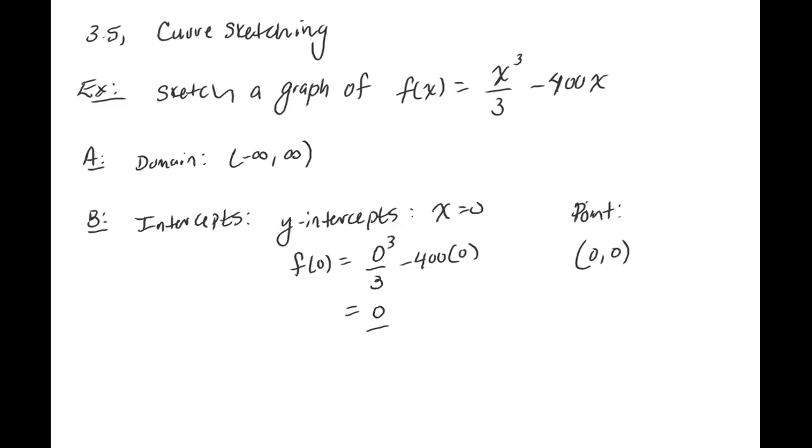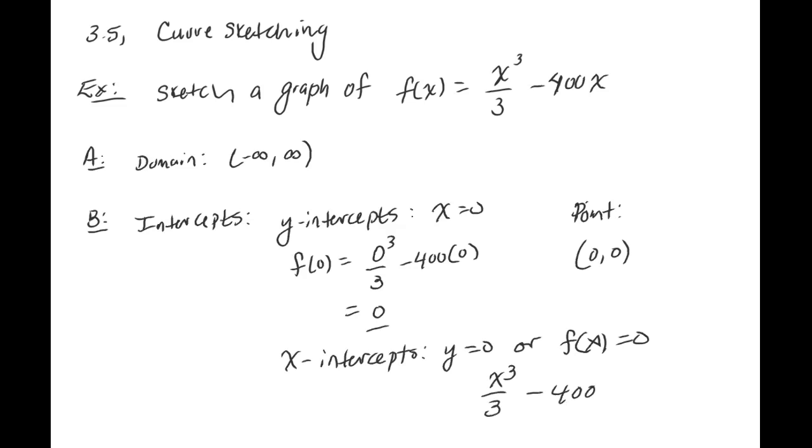Okay, let's find the x-intercepts. These occur where y is equal to 0, or where f of x is equal to 0, if you prefer to write it that way. f of x and y mean the same thing in this case. So I'm going to take the function f of x, which is x cubed over 3 minus 400x, set it equal to 0 and solve.